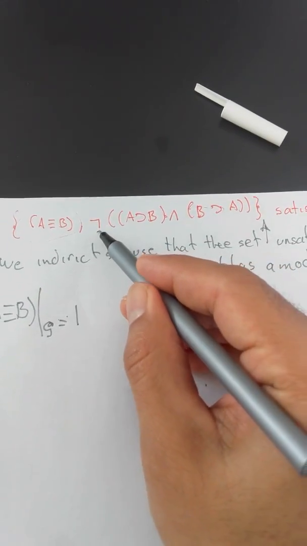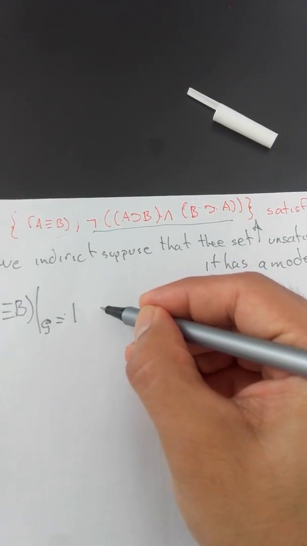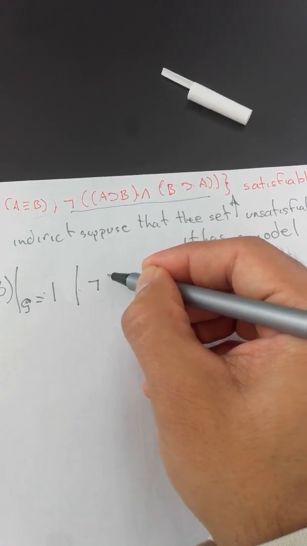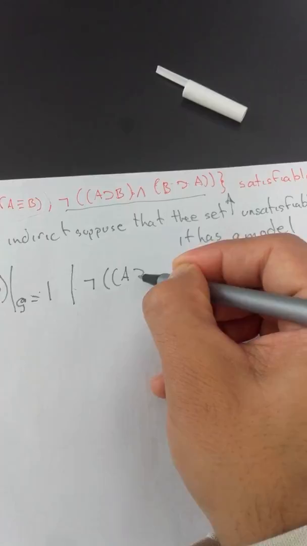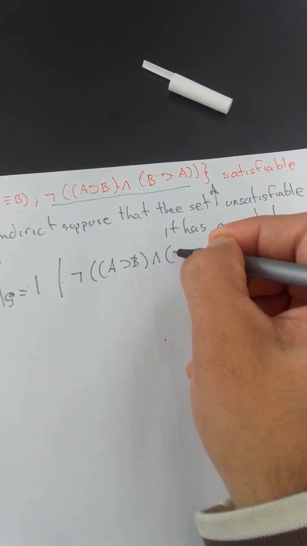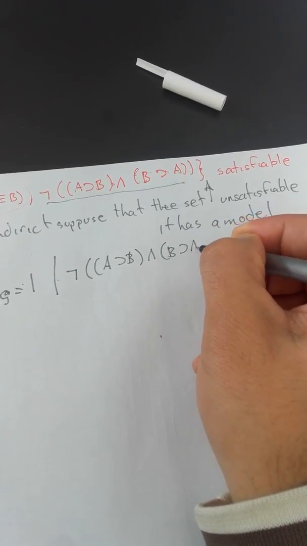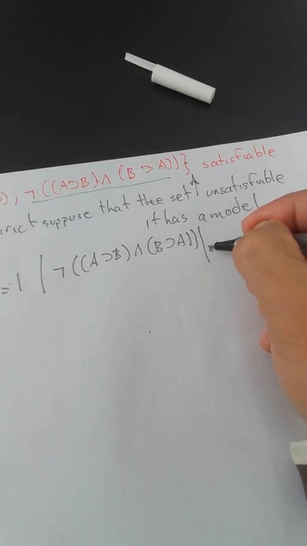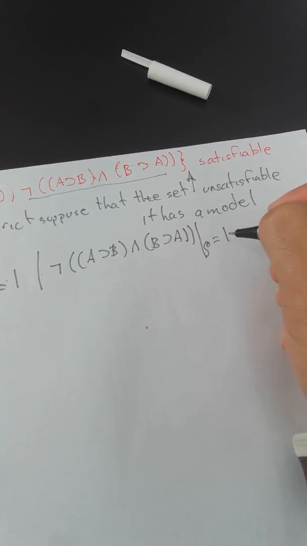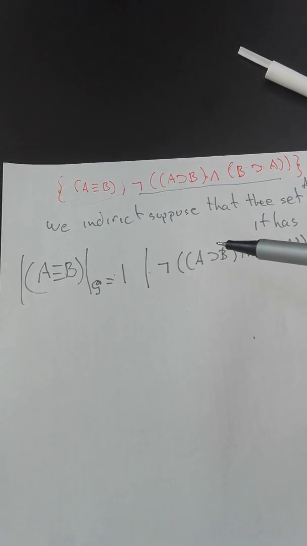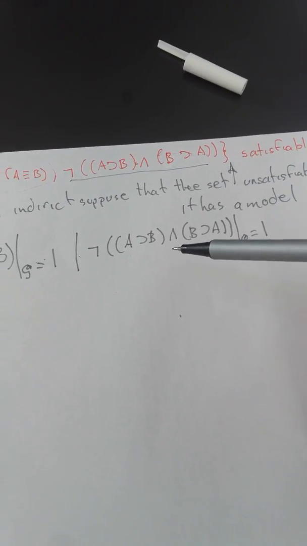And the next one, I'm sorry for the focus, this one, we can say that the interpretation of negation A implies B and B implies A is equal to 1. So let's make the contradiction between this formula and this formula.